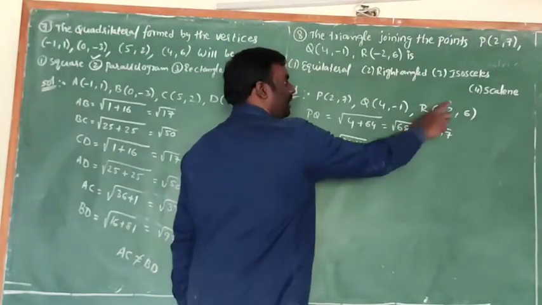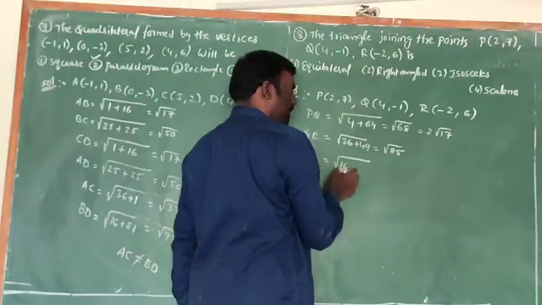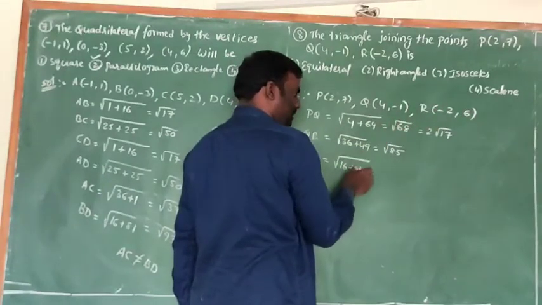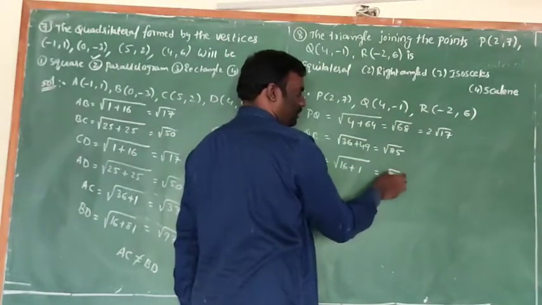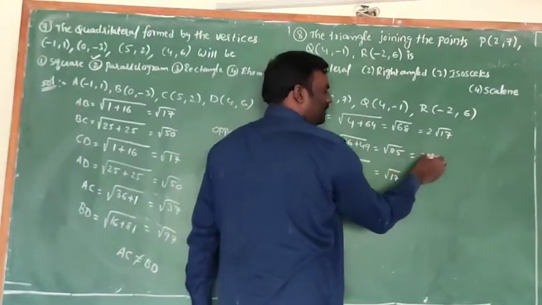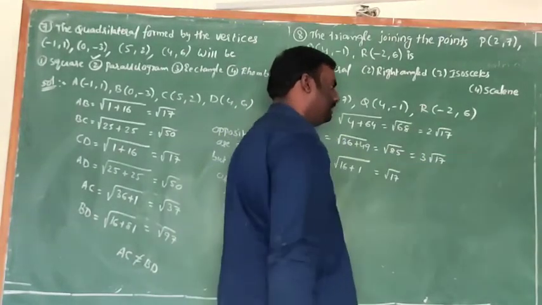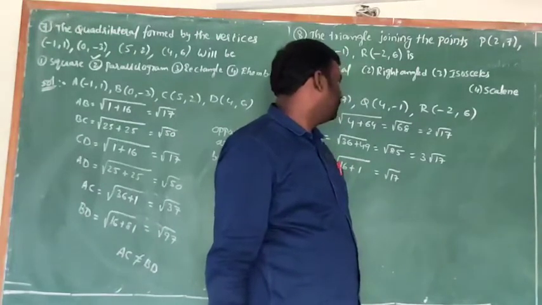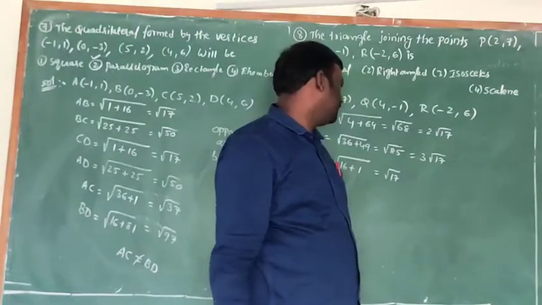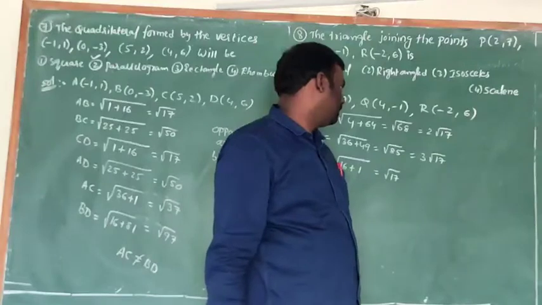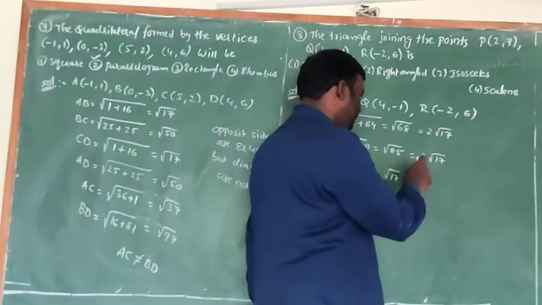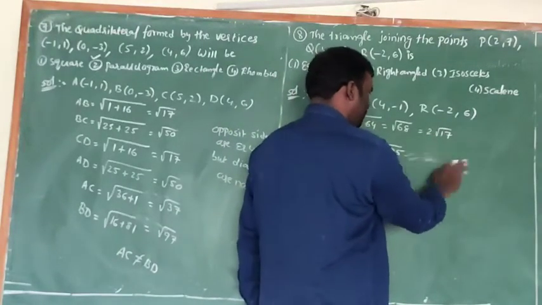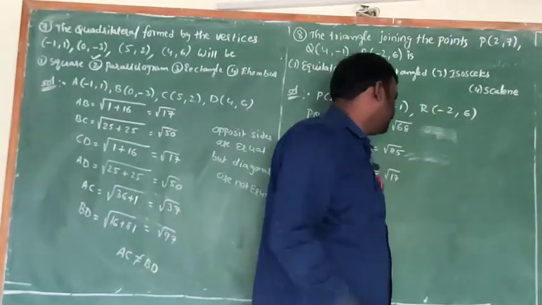Under root of (x2 minus x1) whole square plus (y2 minus y1) whole square, that is root 17. Now this can be written as 3 root 17, but that is not required, just keep it like this.